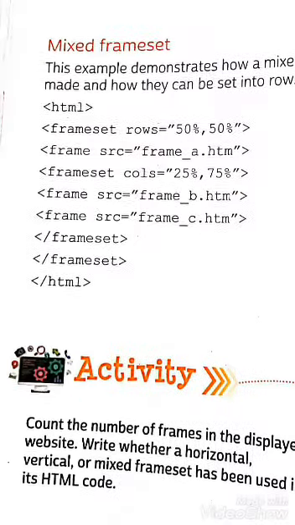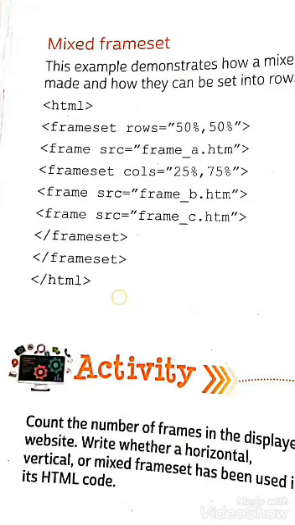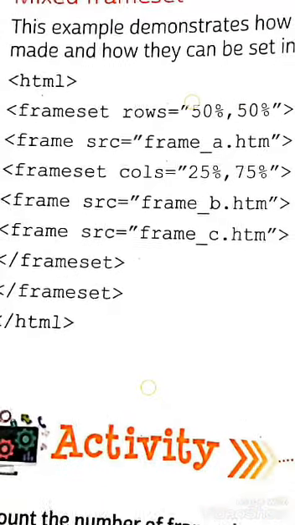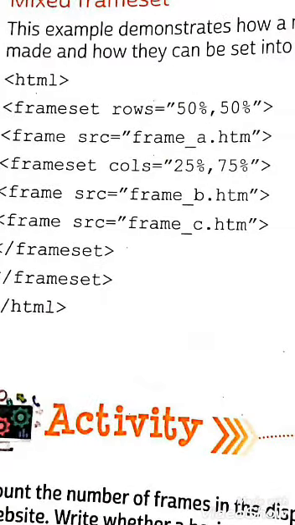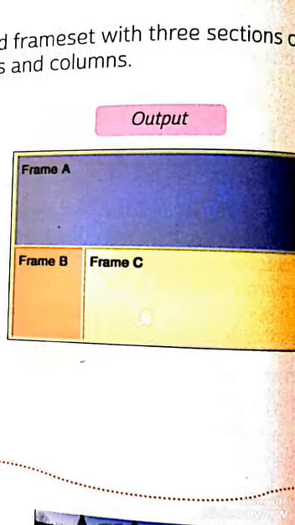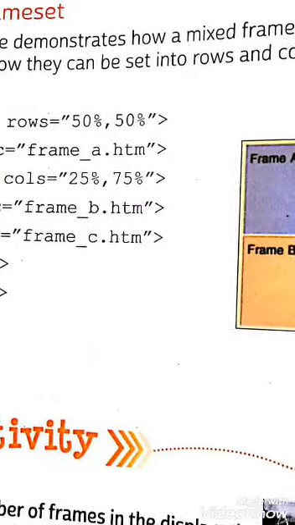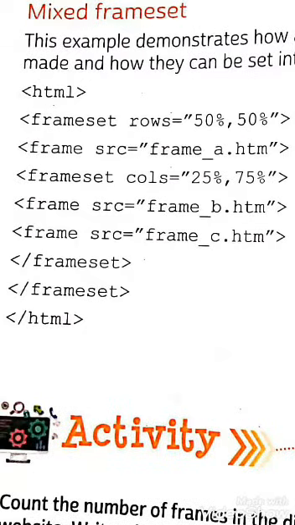And what is the coding for it? See, frameset rows equal to 50% comma 50%, because here we have only a single row split. So that's why we have written rows 50% comma 50%, the same size we have given.